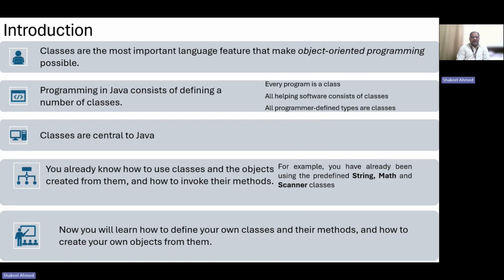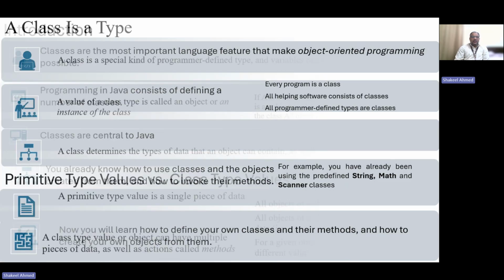Now you will learn how to define your own classes and methods, and how to create your own objects from them. This is the third part, where all programmer-defined types are also classes, so we will be defining our own classes and methods.